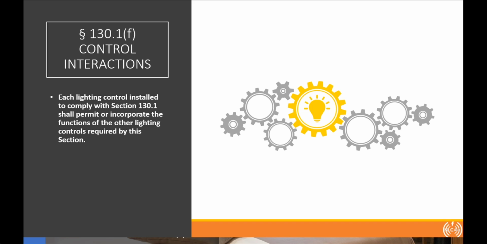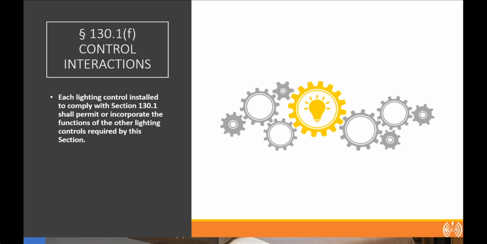Okay, so there's a little bit of kind of an explanation or a summary of how these mandatory requirements play out. Not one supersedes the other. It's just more of a last command type of approach. So a manual switch can override daylighting controls. I know we didn't talk about daylighting, but it can.